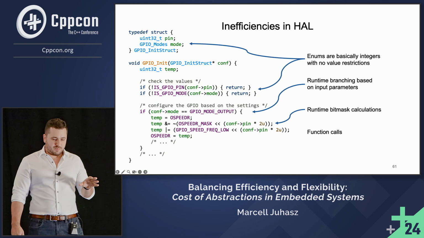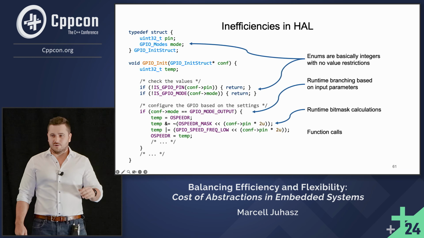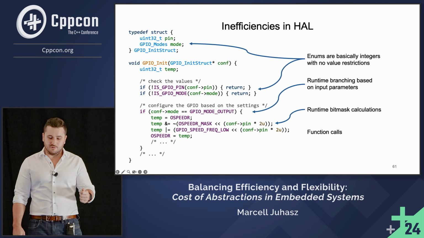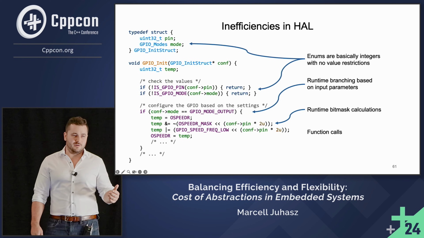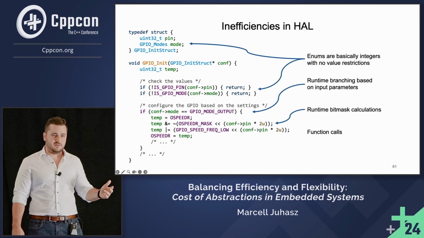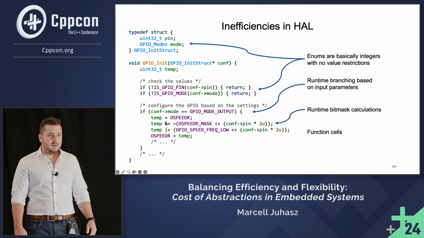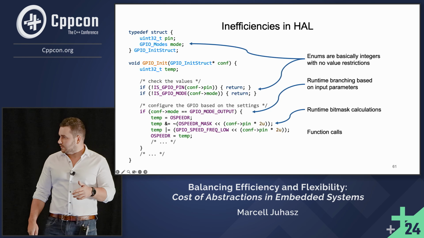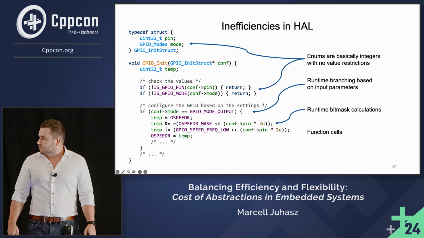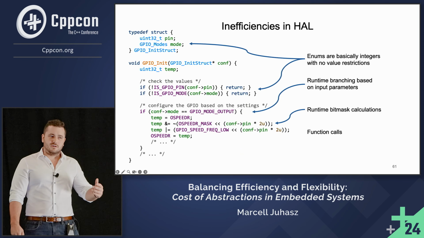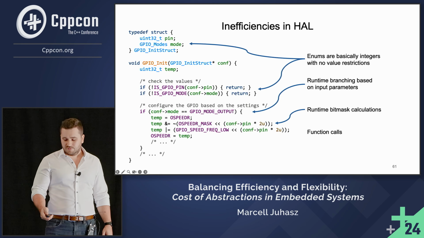And it takes our input parameters and it branches off to do the necessary register operations. So it is full of runtime branching, and it is full of runtime bitmask calculations that are necessary for setting the registers. And since these functions are long and complex, they will probably not be inline, so we potentially at least have the overhead of function calls as well.